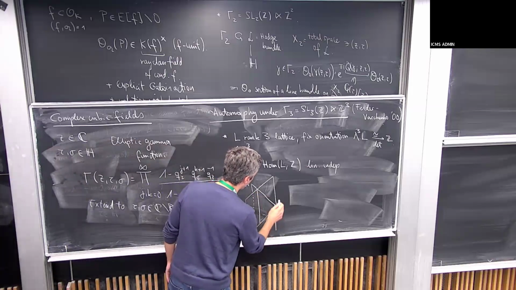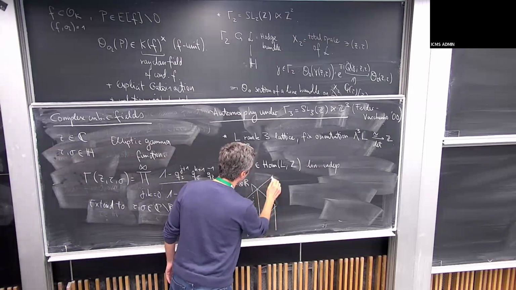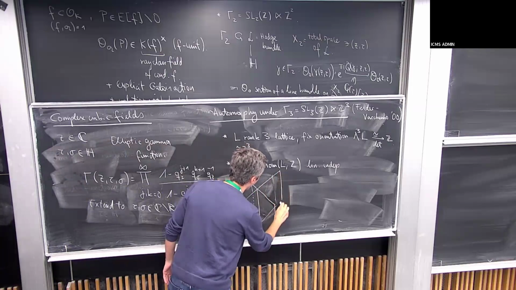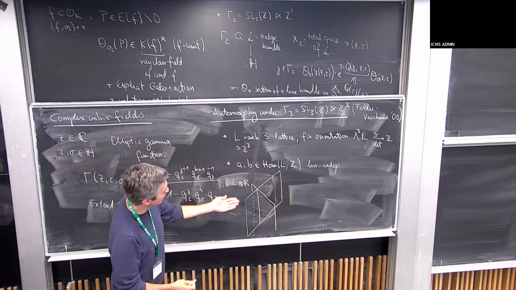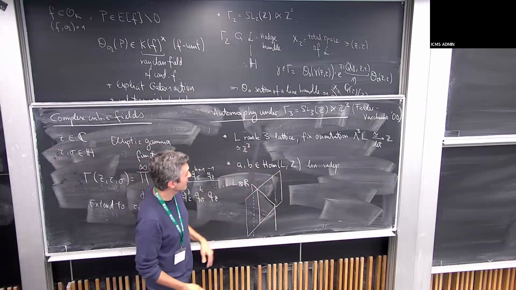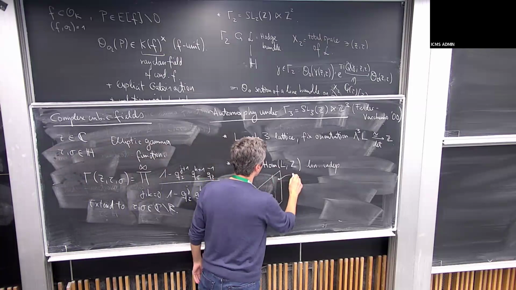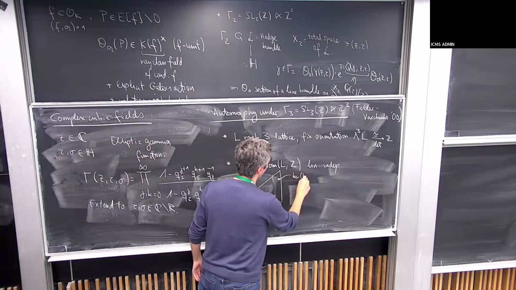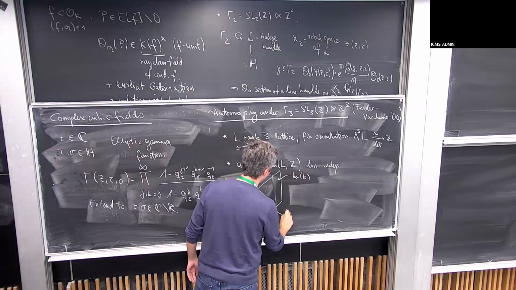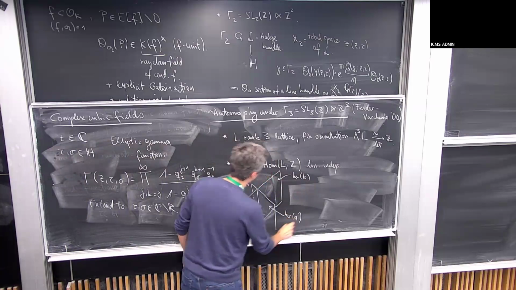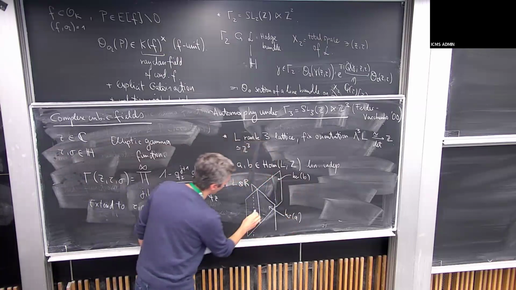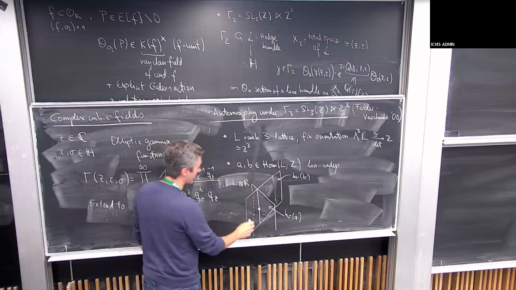Right. So if I choose two linearly independent functionals A and B, then I get two planes in this three-dimensional space, which are the kernel of B and the kernel of A. I also get a line where these two planes intersect.